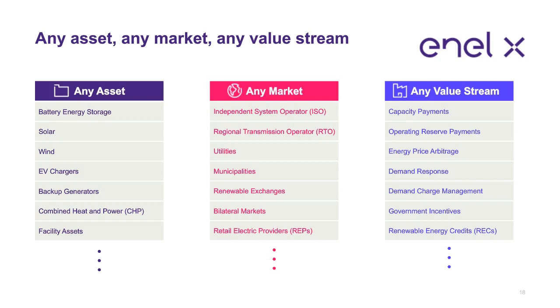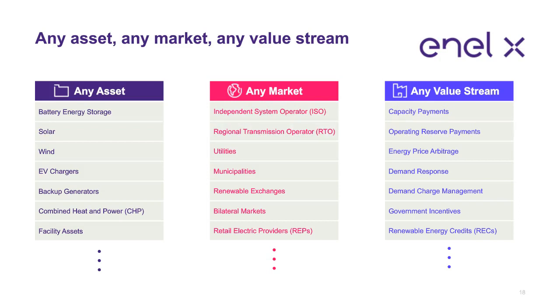There's often different value streams that are mutually exclusive. So, for example, participating in the energy market could make you ineligible to provide operating reserves, ancillary services, and then similarly, certain utility programs may exist where there's multiple options. California is a great example. There's DRAM, CBP, and BIP, 3 different demand response programs.